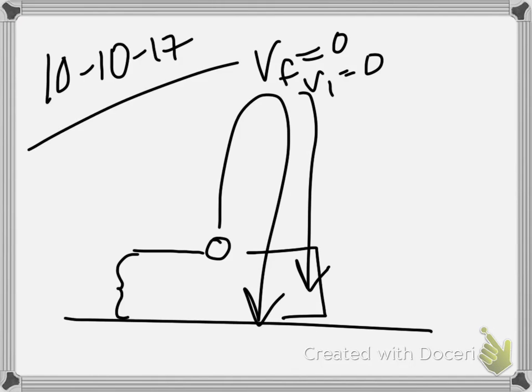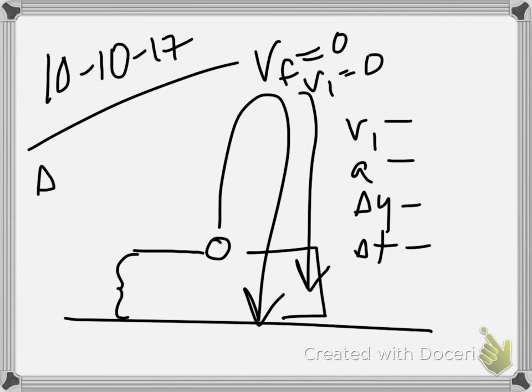So on things like this where you have a VI, you have acceleration, you have delta y, and you're looking for delta t, if VI is non-zero, without using the quadratic, you can't use delta y equals VI delta t plus 1/2 a delta t squared.